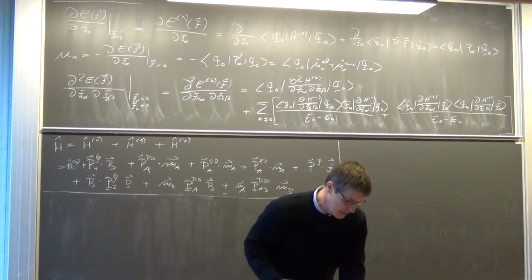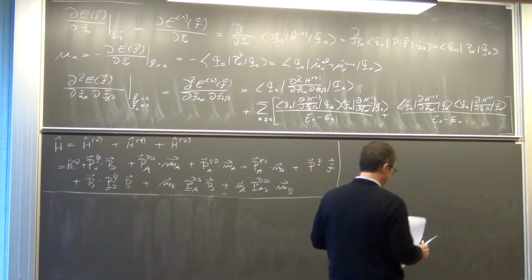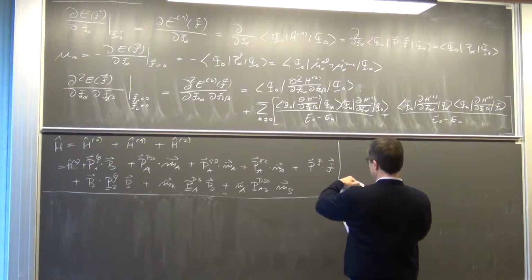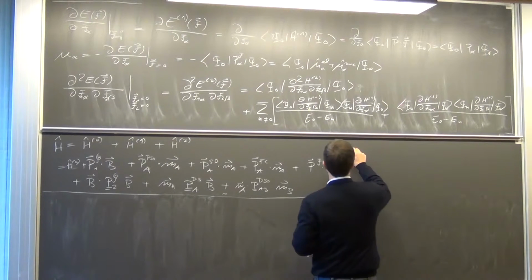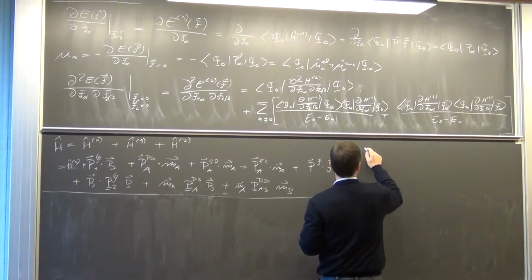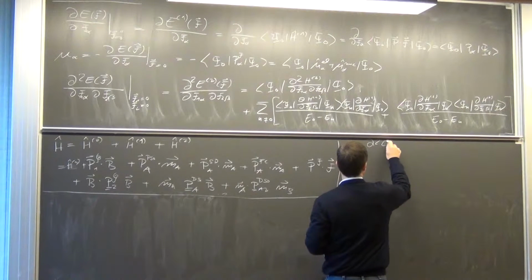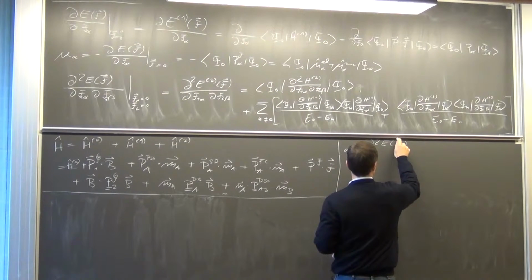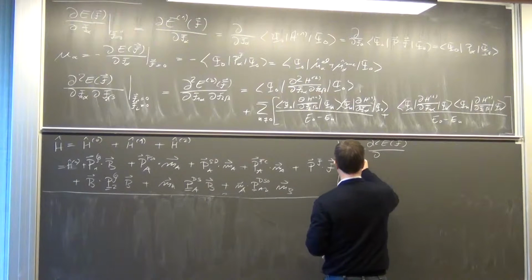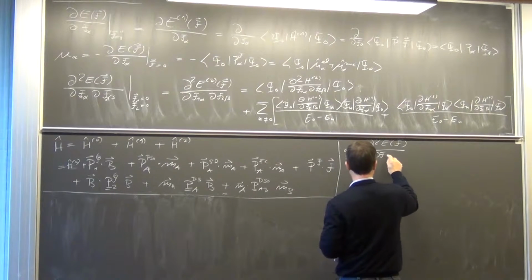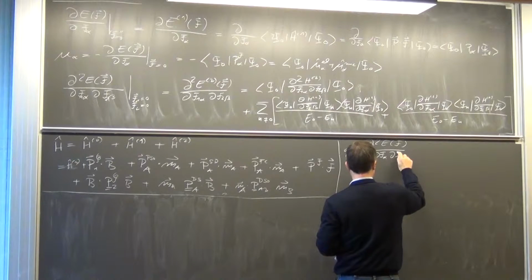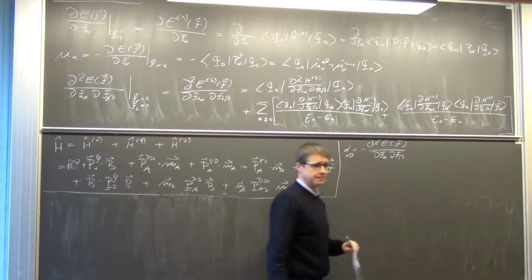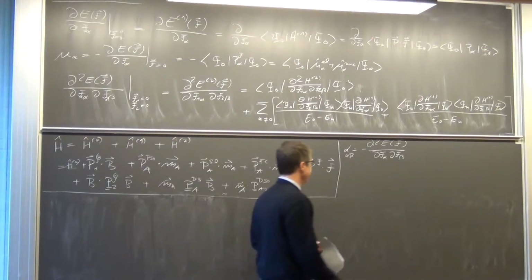Let's take the polarizability, which we had defined as the second derivative of an energy with respect to... alpha was minus the second derivative of the energy in the presence of an electric field with respect to two components of that field, alpha and beta, and then evaluated at zero field strength.